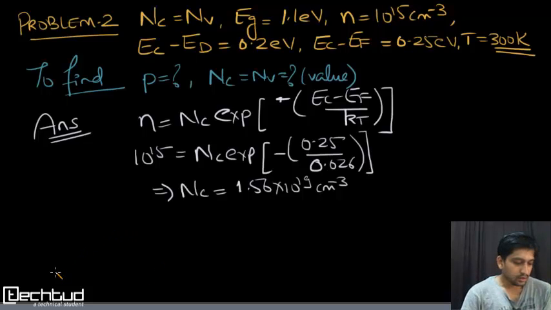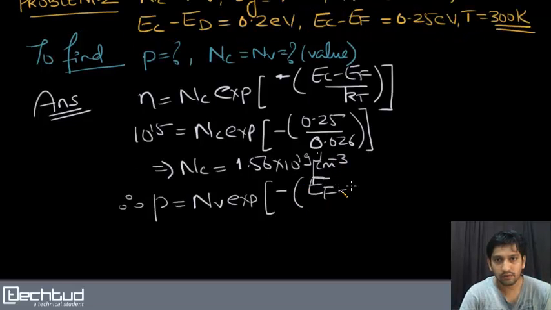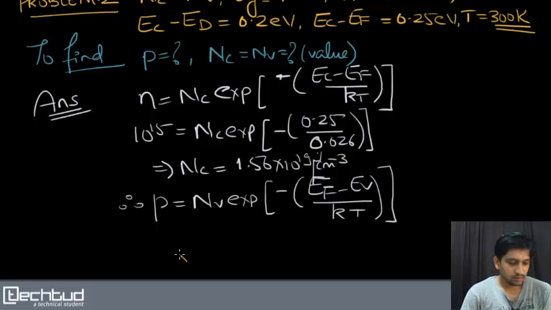Now you want to determine the concentration of holes. Therefore the concentration of holes is given by NV exponential of minus (EF minus EV) divided by kT. To figure out the EV value, we can solve for the concentration of holes because NC is equal to NV. So let us draw the band gap.